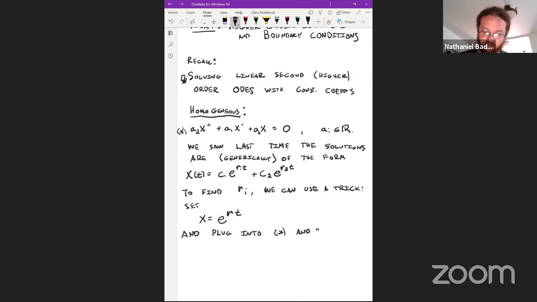The nice thing is that the second derivative of e to the rt is just r squared e to the rt. So we're going to get a2 r squared e to the rt plus a1 r e to the rt plus a0 e to the rt equals 0.